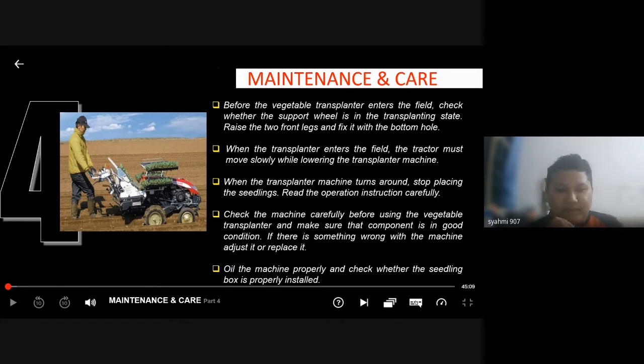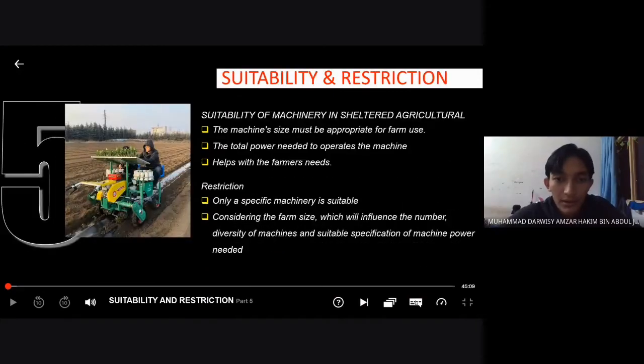Okay. Thank you. Now I will talk to you about the suitability of machinery in shelter agriculture. As we know, in shelter agriculture the machine size must be appropriate for the farm use. Sometimes we build a shelter agriculture at a bigger size or a smaller size, so we need to consider the type of machine size to use on the farm.